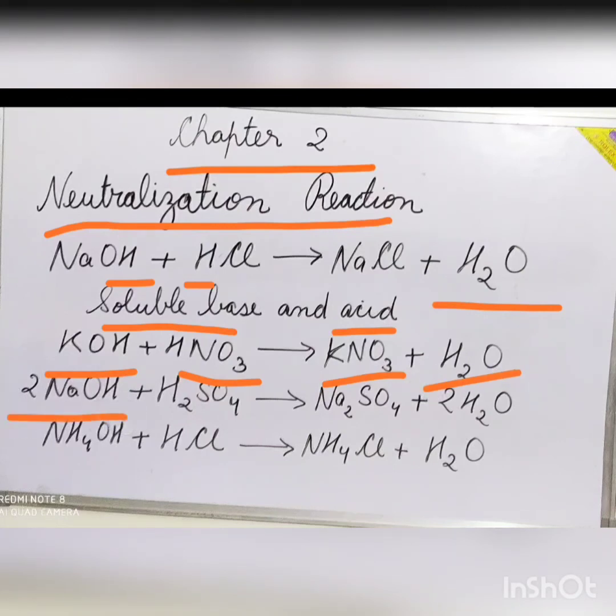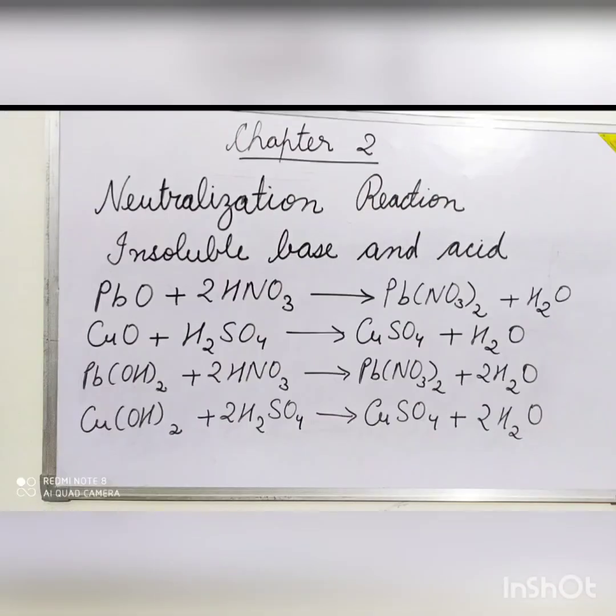Sodium hydroxide reacts with sulfuric acid forming sodium sulfate, which is a salt, and water. Ammonium hydroxide reacts with hydrochloric acid forming ammonium chloride and water. Neutralization reactions of an insoluble base and acid.